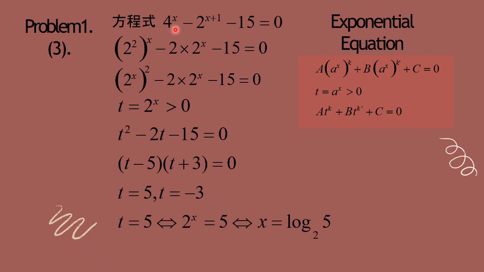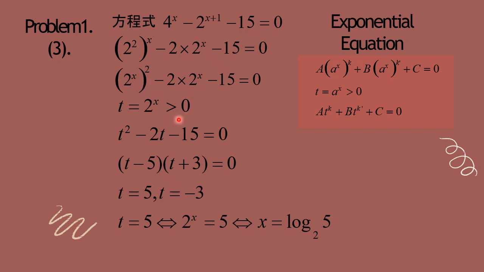Notice that we can write 4 as 2 to the power of 2, to the power of x, and we separate this into 2 multiplied by 2 to the power of x, and we change the positions of the exponent so that we can see 2 to the power of x.